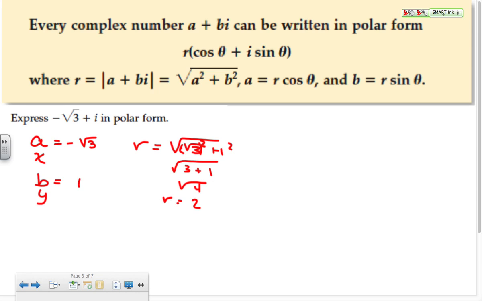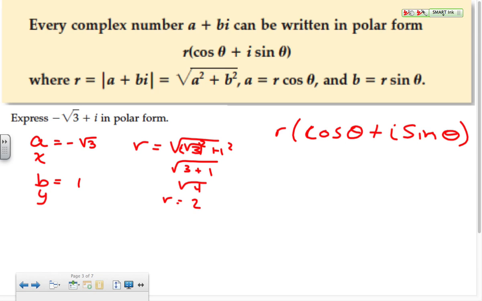Now, the polar form can be written as r times cosine of theta plus i sine of theta. So what we want to know is the cosine and sine of theta.